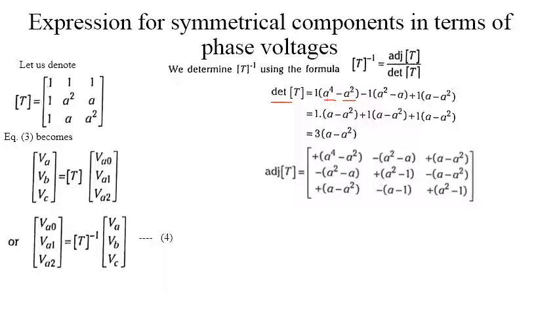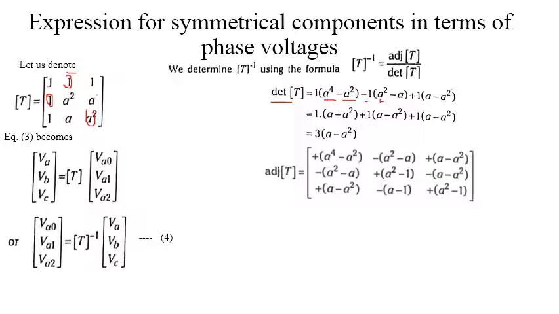So we have to calculate for this term. Consider 1 into A square, so we get A square. How did we get a minus sign? Because already we understood this is a minus sign.